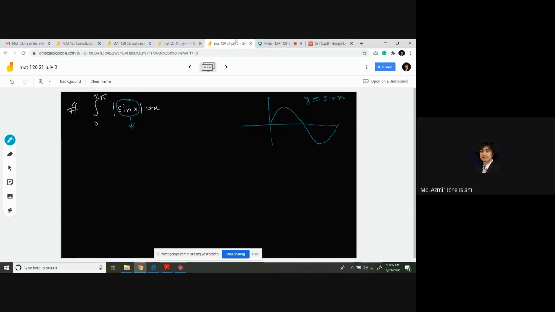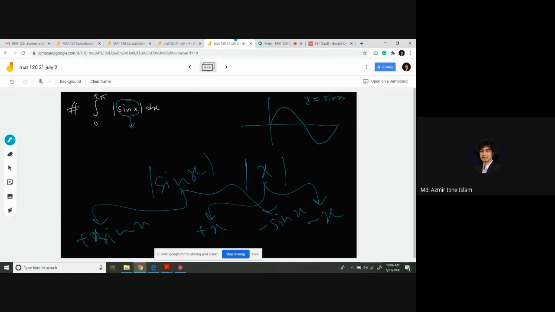Okay. You know that inside a modulus there may be a positive quantity, there may be a negative quantity, isn't so? Yes. Similarly, since we have modulus of sine x, it is sometimes positive sine x, and sometimes negative sine x. In which interval it is positive sine x and in which interval it is negative sine x, we have to find out.